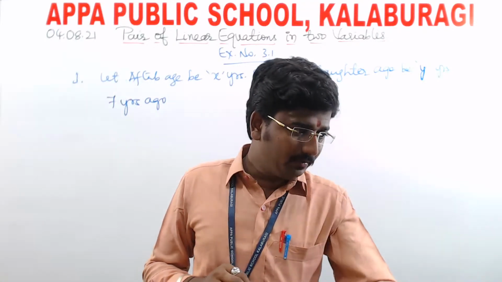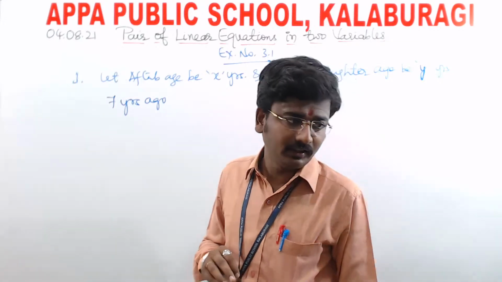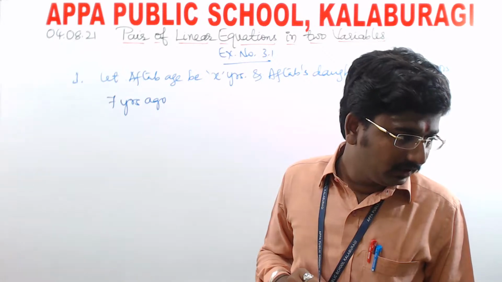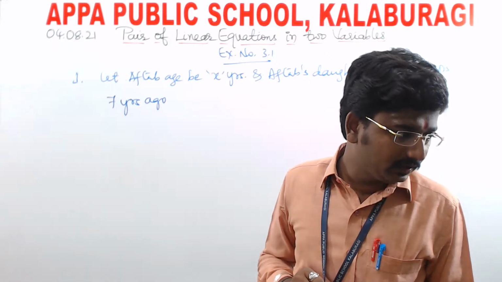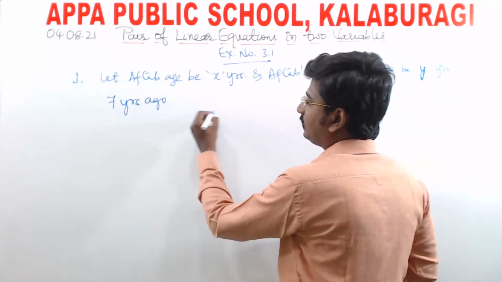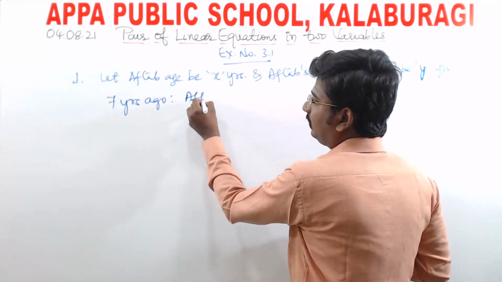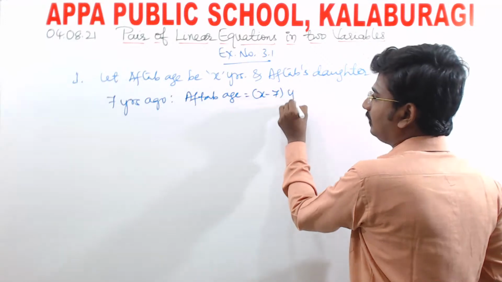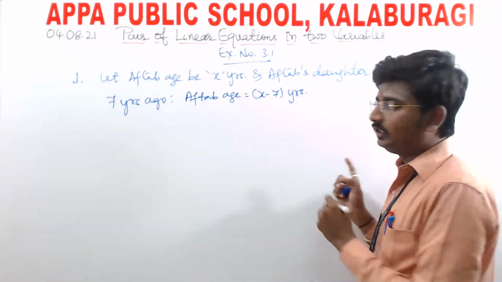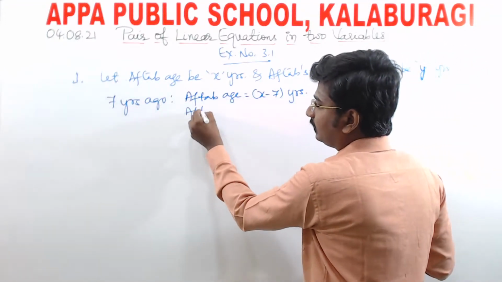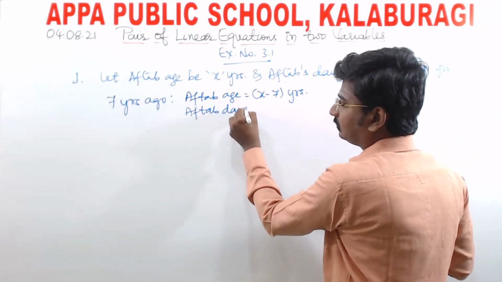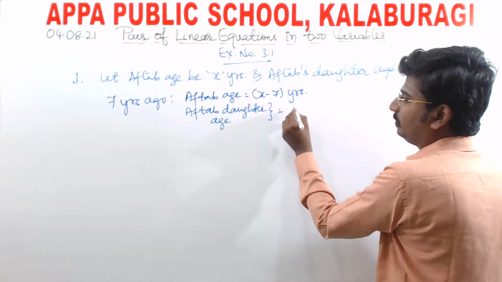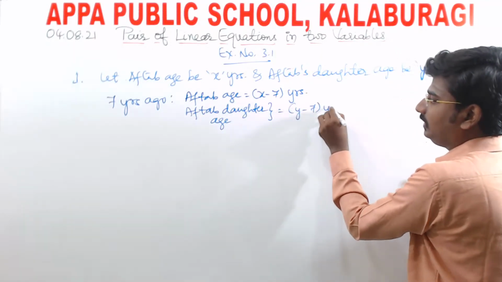Correct? So y minus 7 would be the right answer. Excellent. So 7 years ago, Aftab's age will be x minus 7 years. Then Aftab's daughter's age would be y minus 7 years.